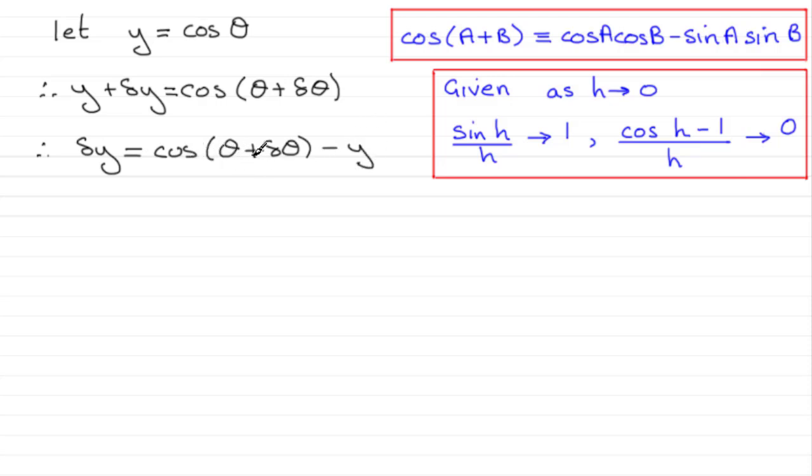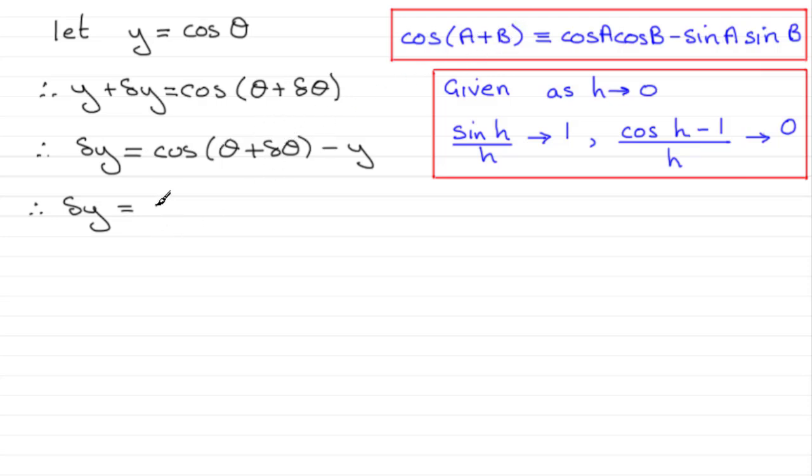And I'm going to now expand the cosine of theta plus delta theta using this identity here, which, as I say, you should be familiar with. And what we end up with is delta y equaling the cosine of theta times the cosine of delta theta minus the sine of theta sine of delta theta, where I'm just replacing the a with theta and the b with delta theta.